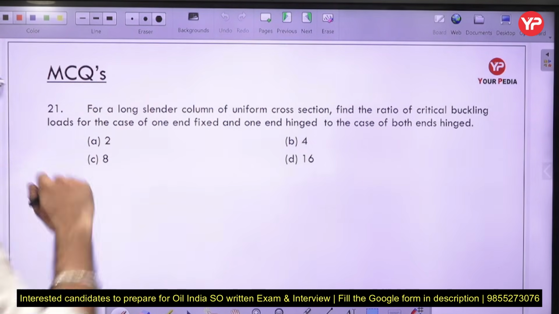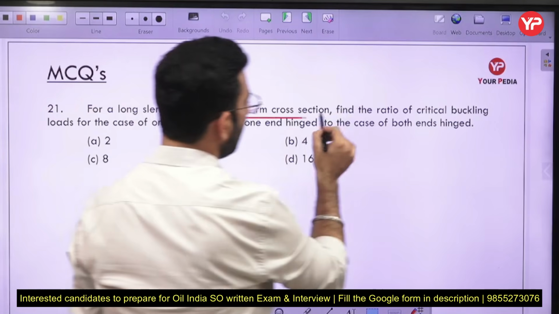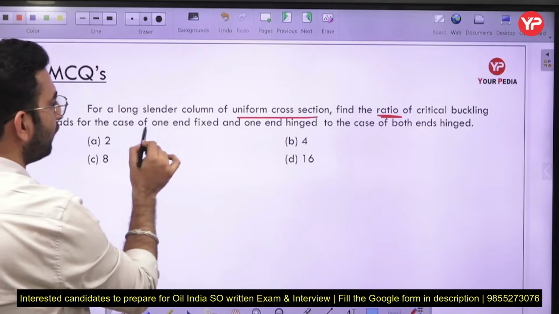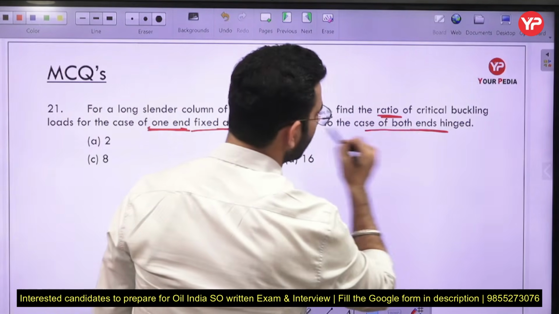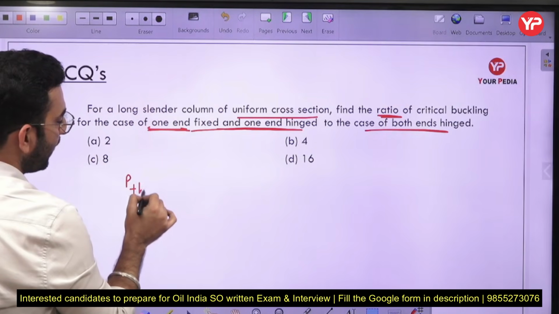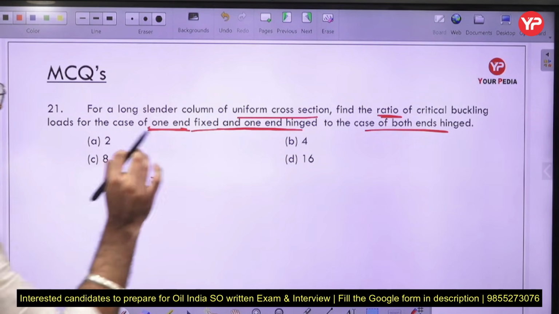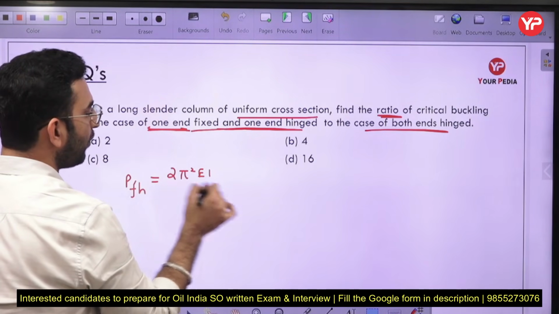Next, for a long slender column of uniform cross section, find the ratio of the critical buckling load for the case of one end fixed and one end hinge to the case of both ends hinge. So when one end is fixed and one end is hinge here, in that case the buckling load is given by 2 pi square EI upon L square.